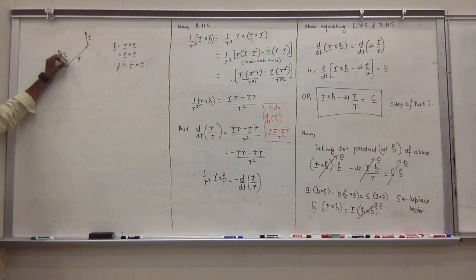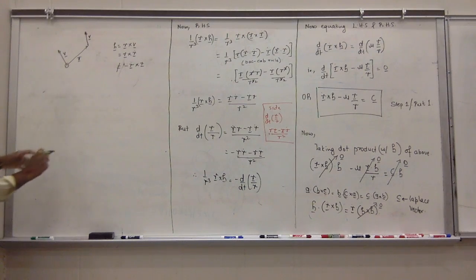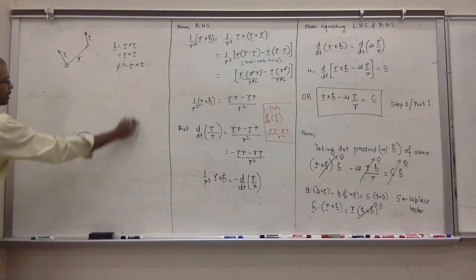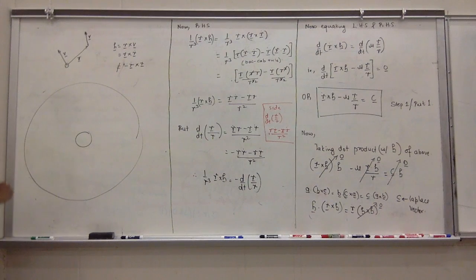Now, by definition, we know H does not change. So this orbit plane is always this plane. What happens if magnitude changes? The direction is the same, but the magnitude changes. The plane is the same. Instead of getting this orbit, you're going to get a larger orbit. Both this orbit and this orbit are in the same plane.